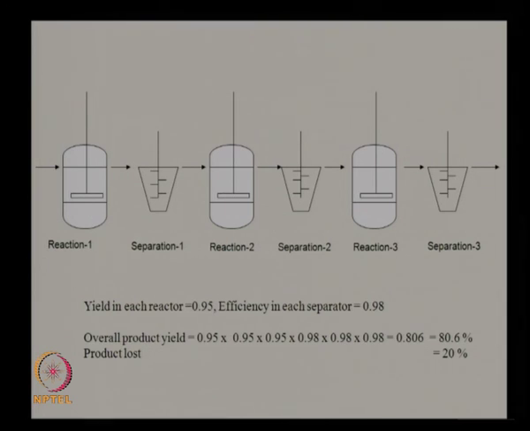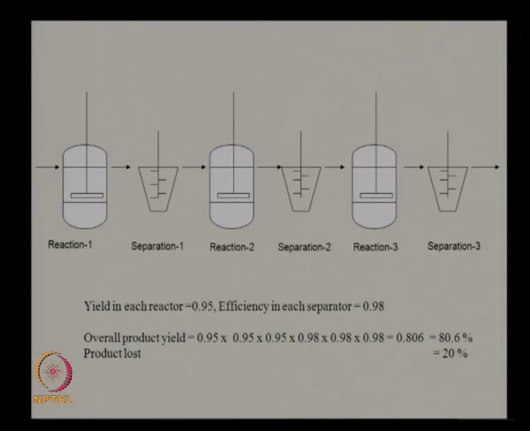Even if they are very high, if you have a train of separators and you multiply the efficiencies, you may end up with an overall yield for the entire train that is much less than you could have imagined, and the amount of product loss could be pretty high.